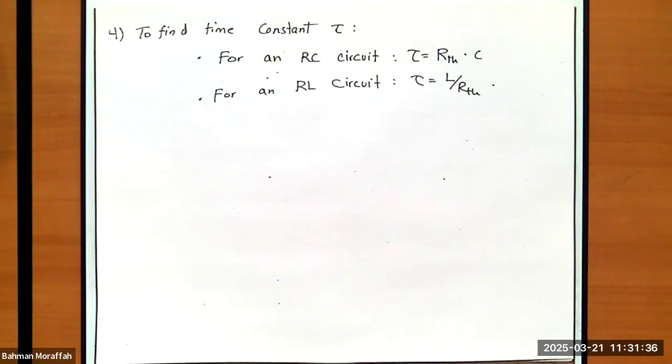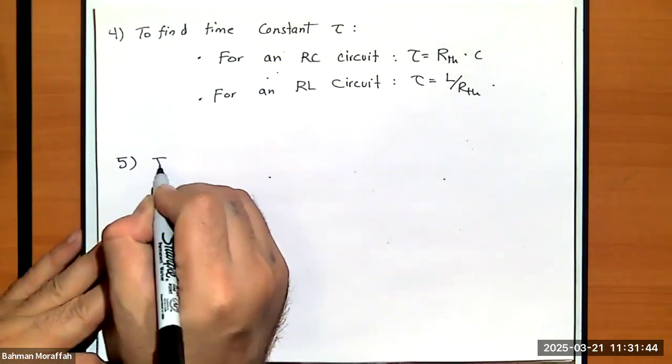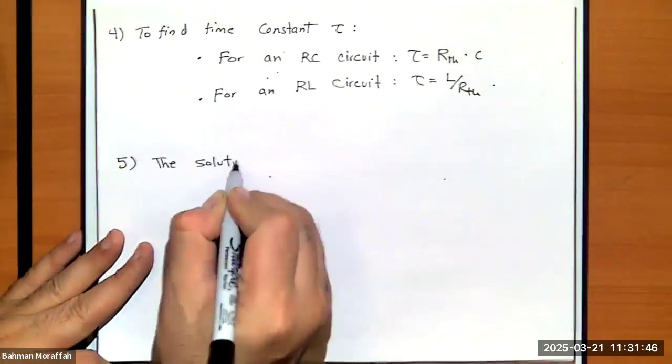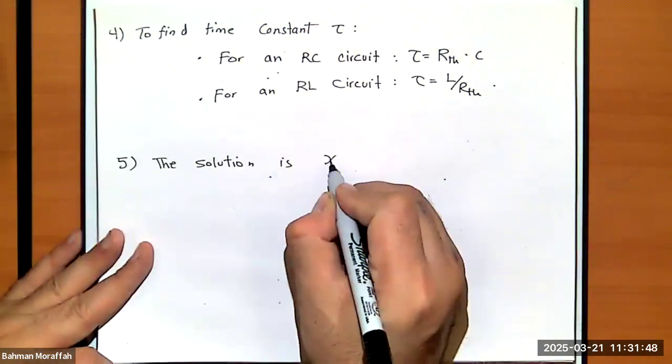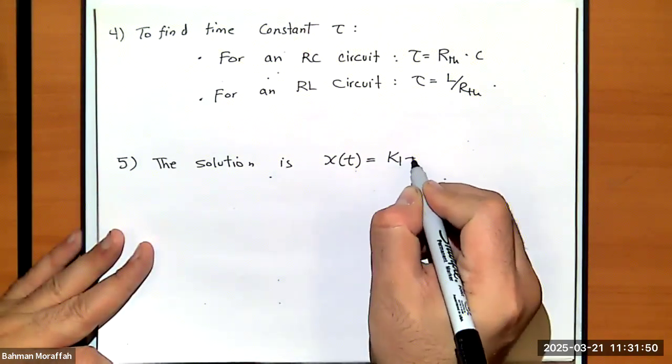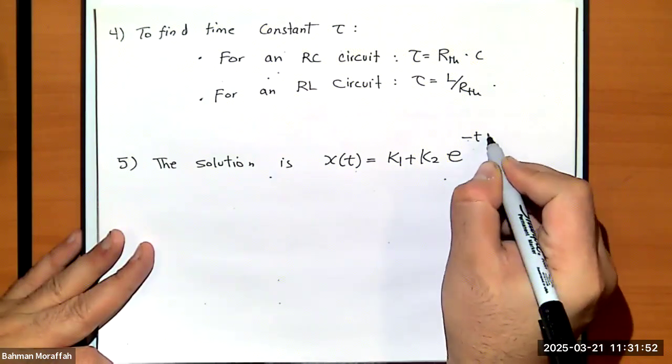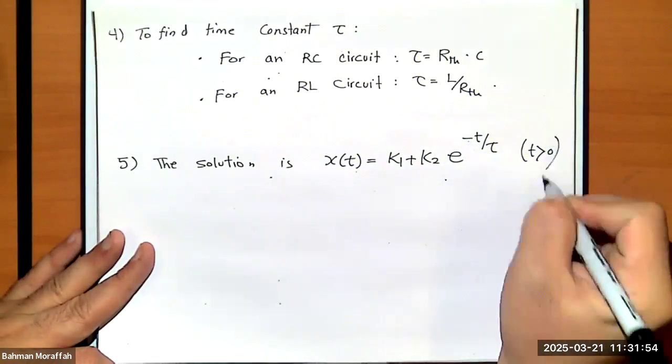Now we're done. We know K1, we know K2, we know tau. Therefore, we know x of t. The solution is x(t) equals K1 plus K2 e to the power of minus t over tau for all times that are greater than 0.